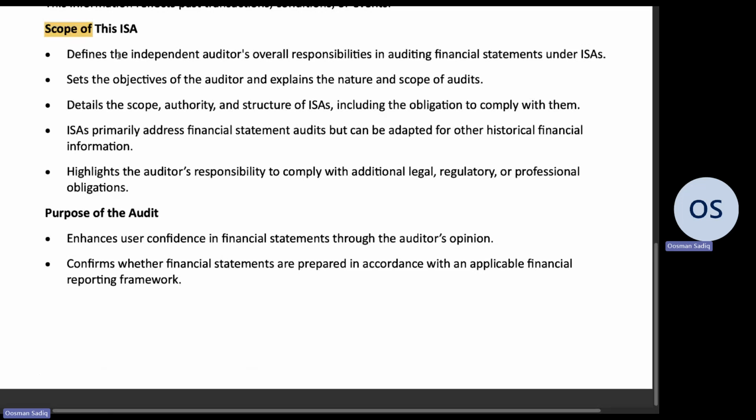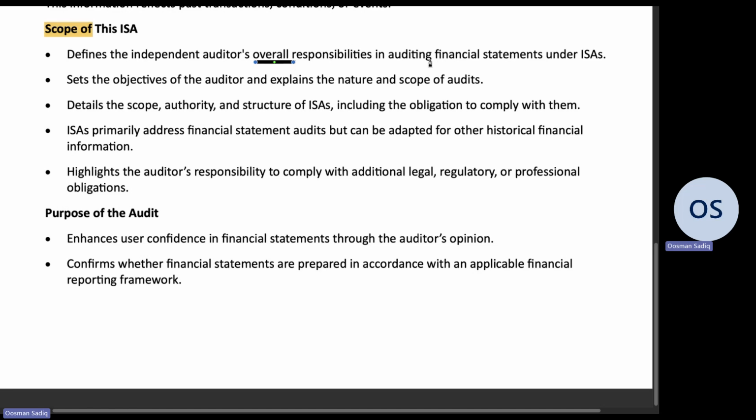So what does this standard define? It defines the independent auditor's overall responsibilities in auditing the financial statements under the ISAs.